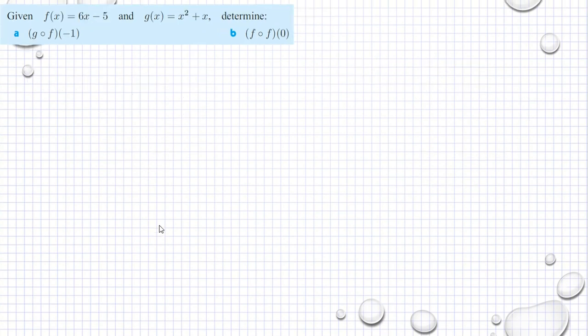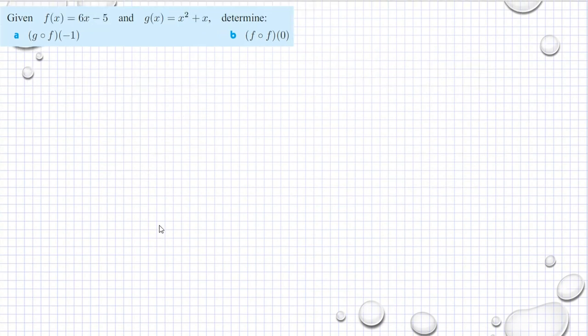More examples here. We have f of x is equal to 6x minus 5, and g of x is x squared plus x. Then we need to find g of f of x, where x is equal to negative 1.